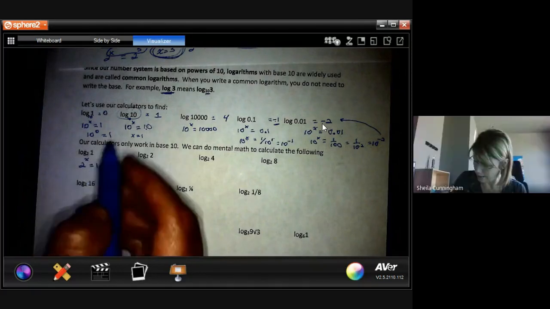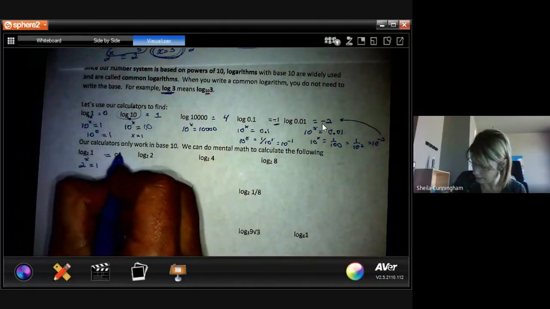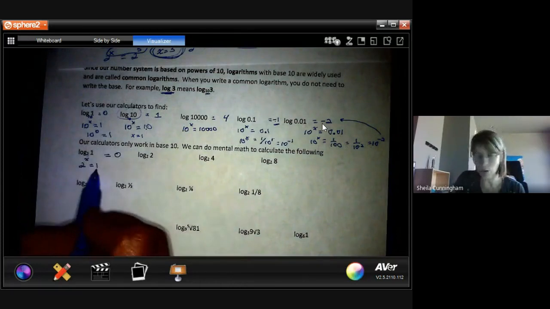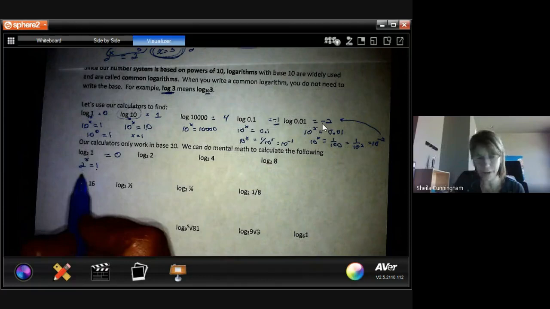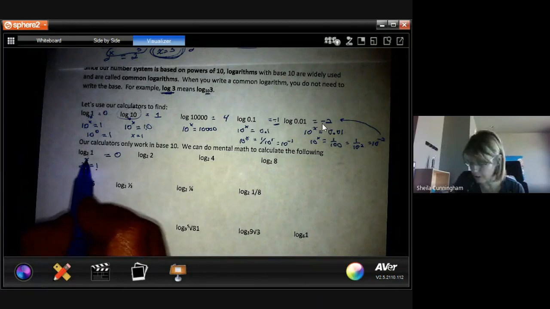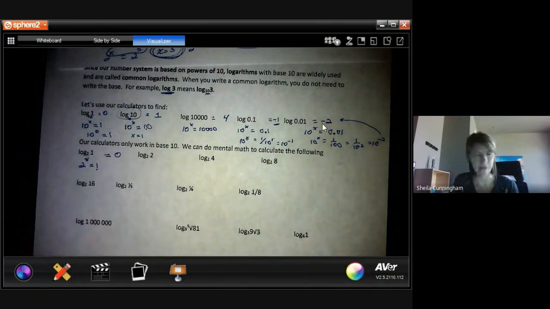Zero? Yeah, that's exactly it. Because the only time I can get a 1 as a resulting answer with a power is if that power is 0, right? So 2 to the power of 0 is going to give me 1. Absolutely.